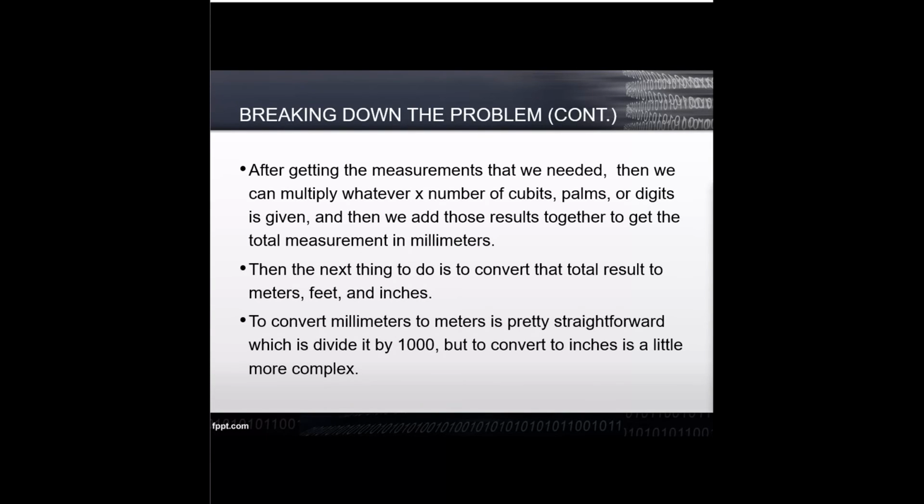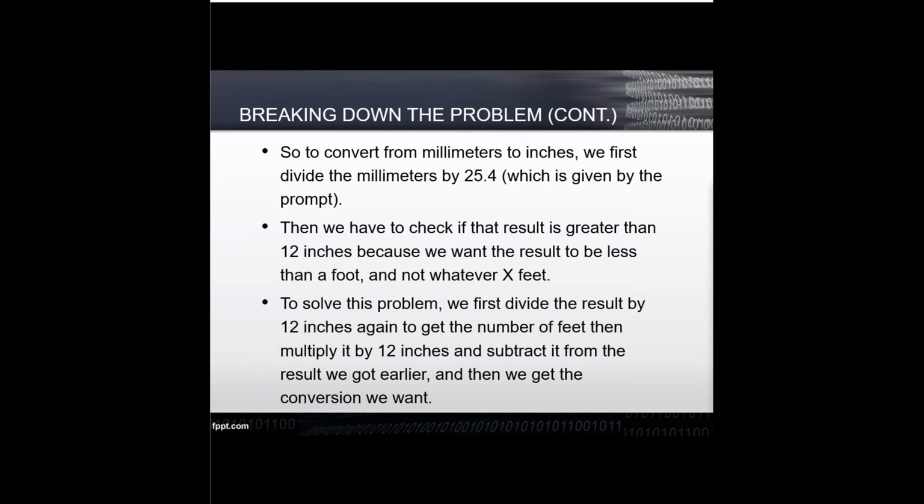Then the next thing to do is to convert the total result to meters, feet, and inches. To convert millimeters to meters is pretty straightforward, we divide by 1000, but to convert to inches is a little more complex. To convert from millimeters to inches, we first divide the millimeters by 25.4, which is given by the prompt.